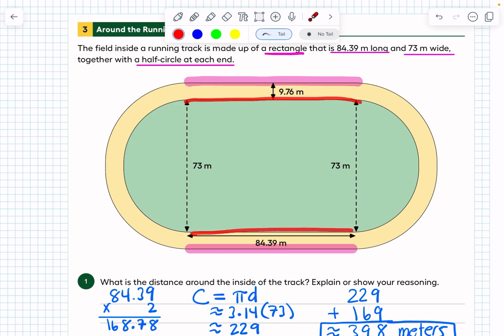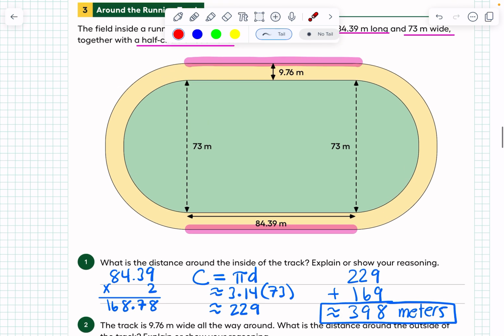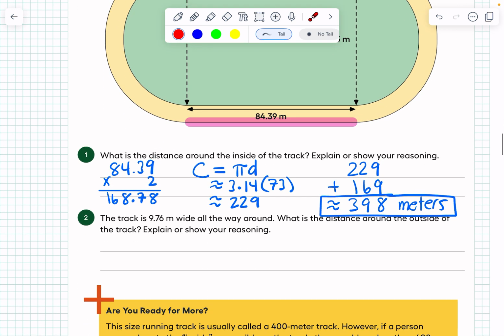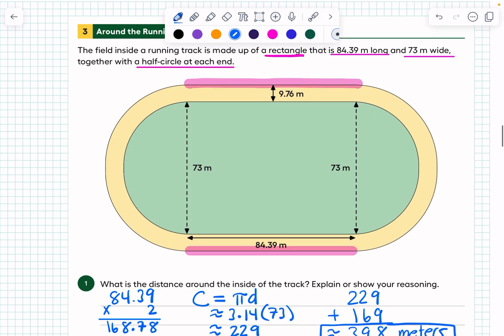Okay? That's not changing. So really what we need, again, is that 84.39 times 2. That does not change. So we have 168.78. Here's the big but.